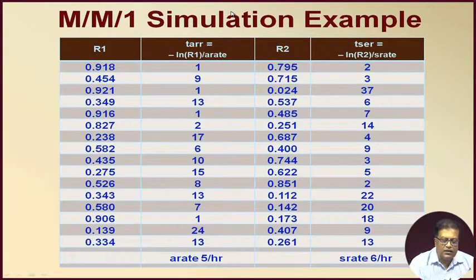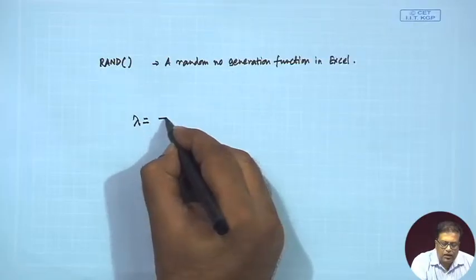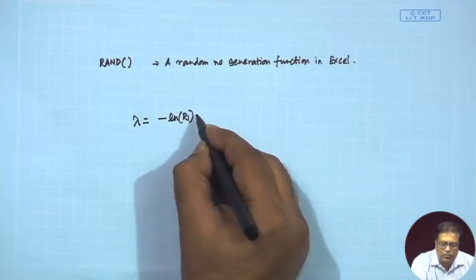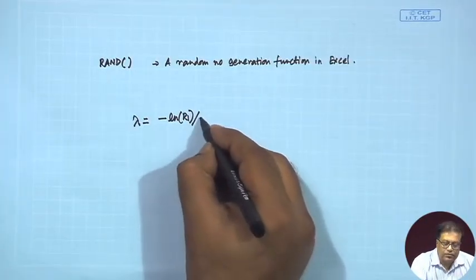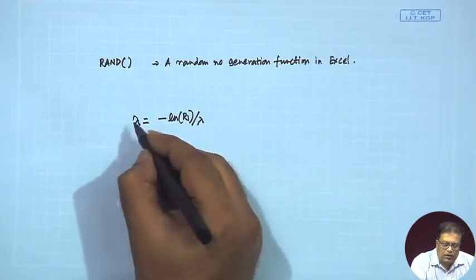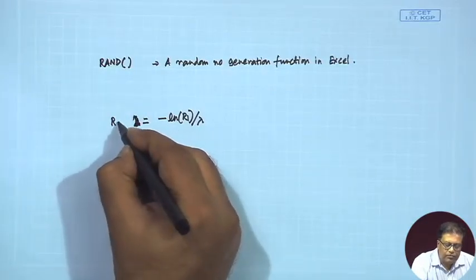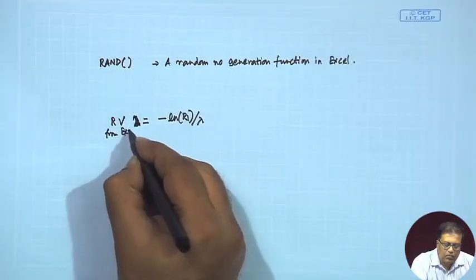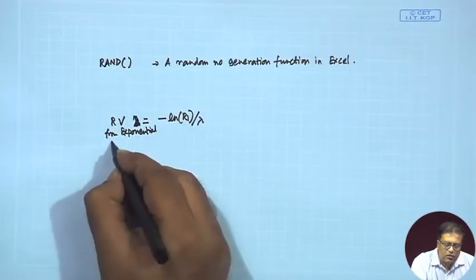The formula is minus ln R1, that is the random variate, not lambda, this is the random variate RV from the exponential distribution.